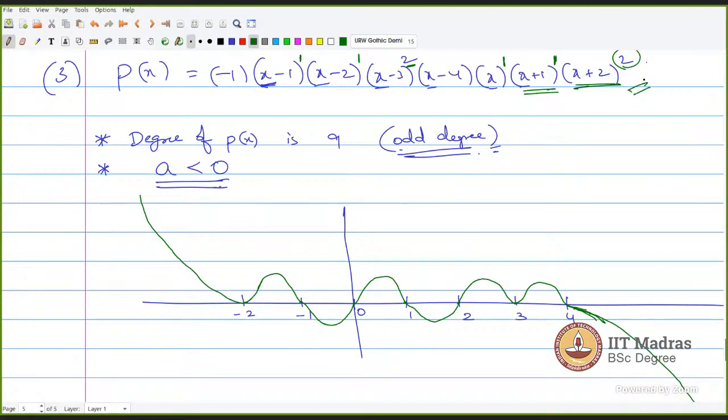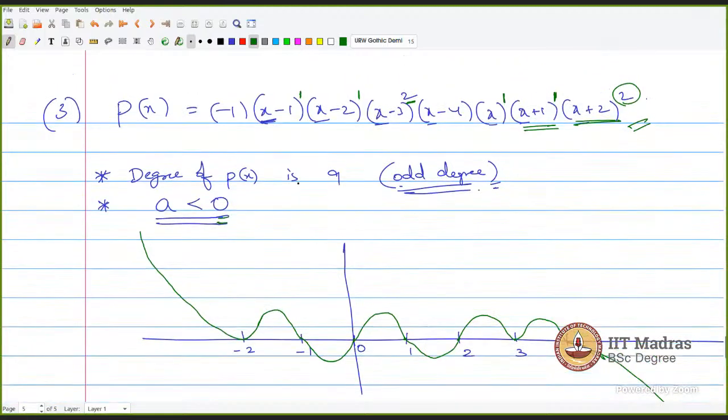Can you please explain how a is less than 0, after degree 9? See, a is less than 0. You will get the highest degree term by multiplying this particular term with this term, and this, and this. In between, if you multiply with some constant, you won't get the highest power.